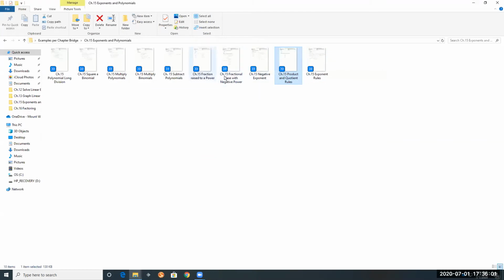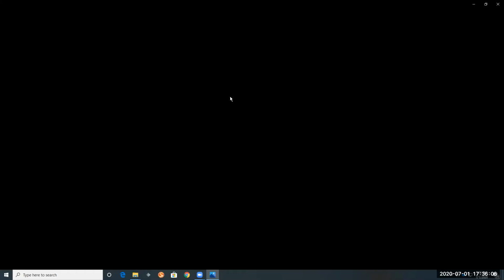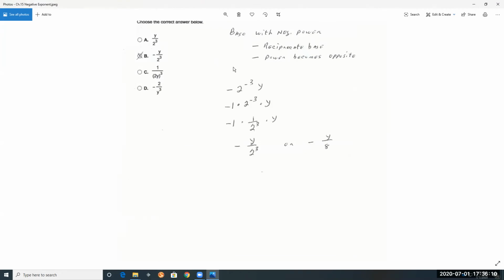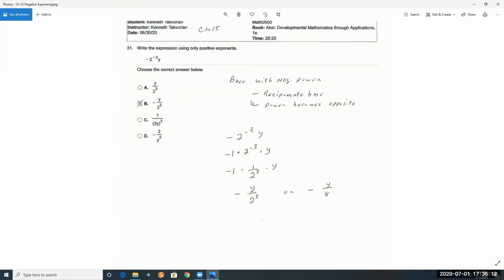Let's work with negative exponents. When we have a base with a negative power, you want to reciprocate the base, and the power becomes the opposite. I'm rewriting this problem, minus 2 to the minus 3 y, as minus 1 times 2 to the minus 3 times y.